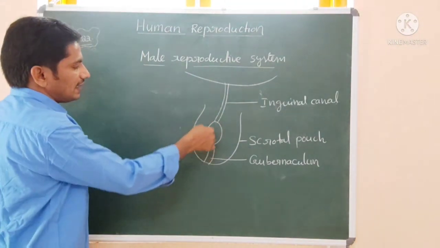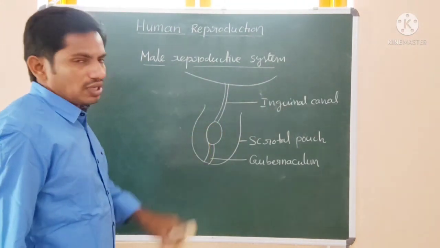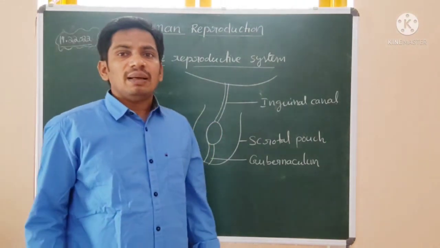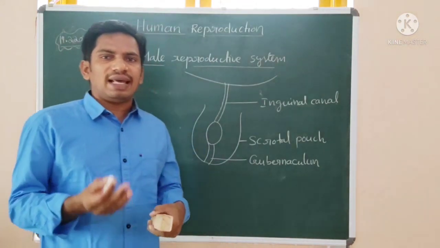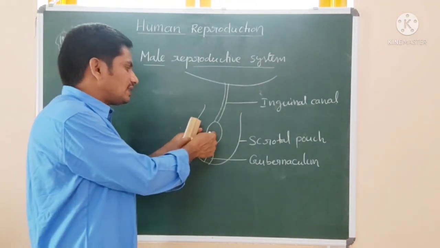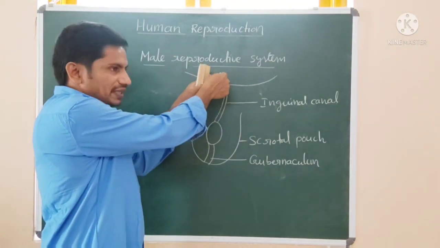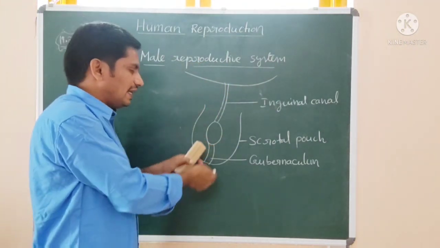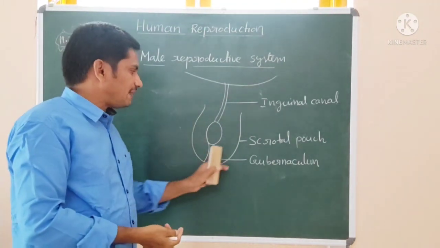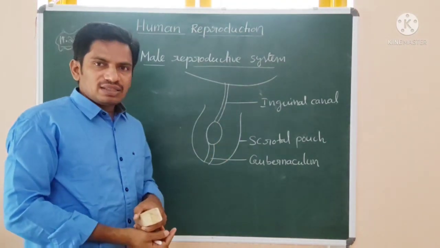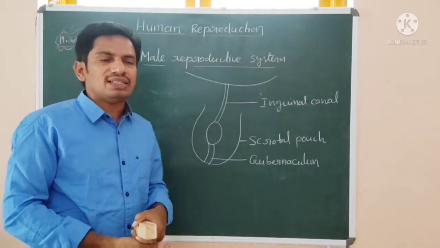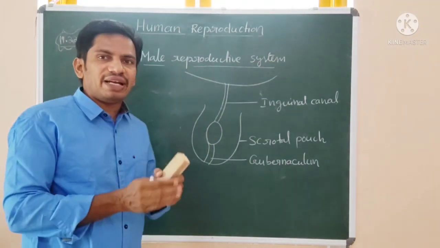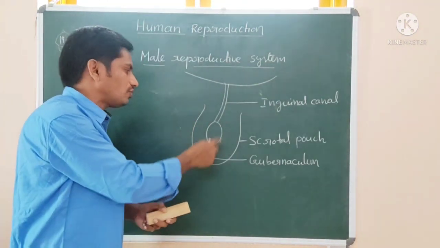Now the testes generally descend into the scrotal pouch, but in the early embryonic stage, these testes were present in the abdomen only. At the time of birth, they should descend into the scrotal pouch. But in some cases, the testes fail to descend into the scrotal pouch.